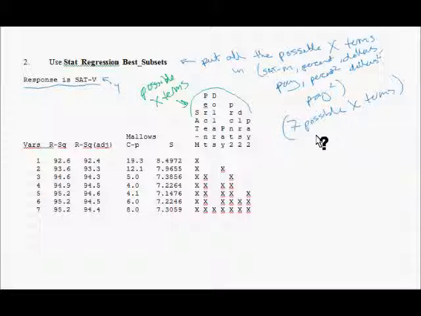So notice here, if there are 7 possible x terms, how many different regression models could we create?